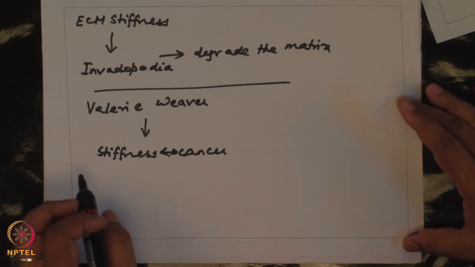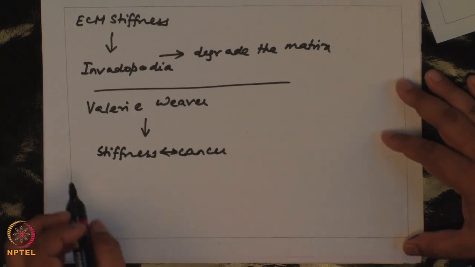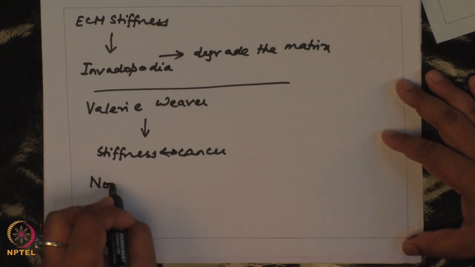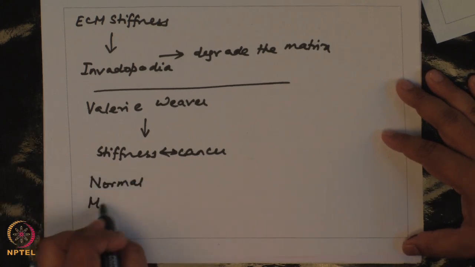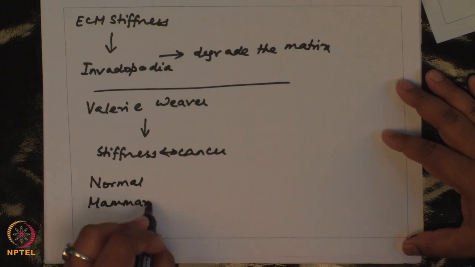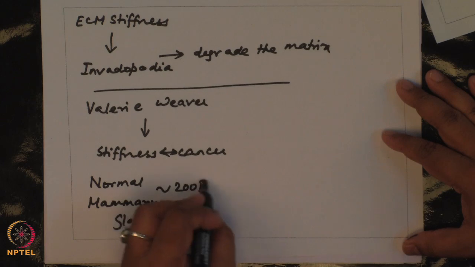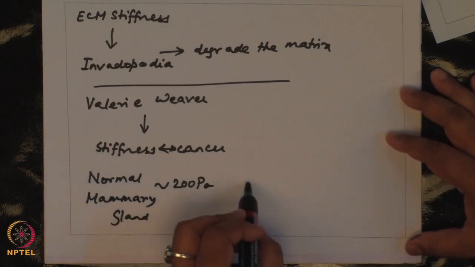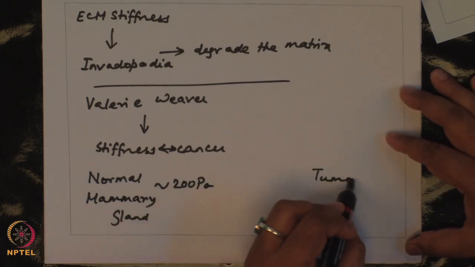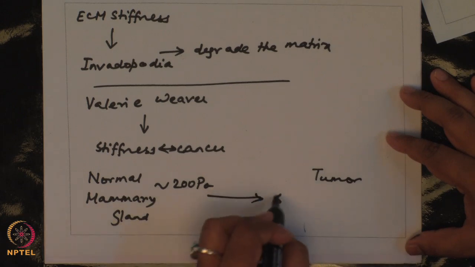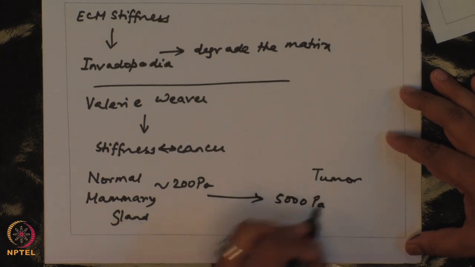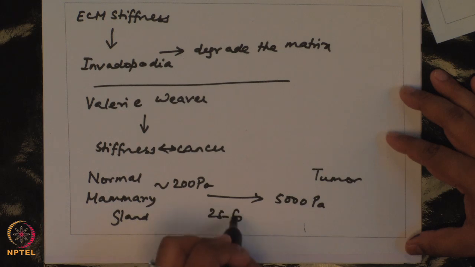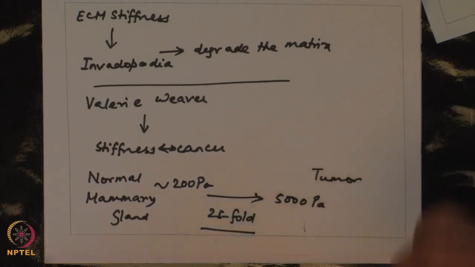What she showed was that normal mammary gland is of the order of 200 pascals in stiffness. In case of tumor, this 200 pascal increases to nearly 5000 pascals, so you have a 24 to 25-fold increase in stiffness.